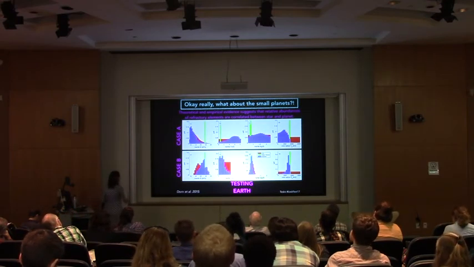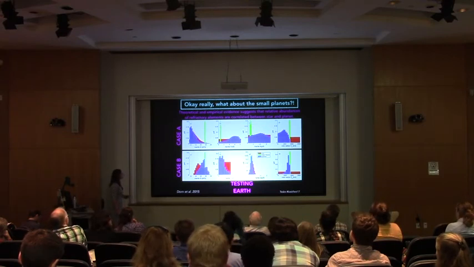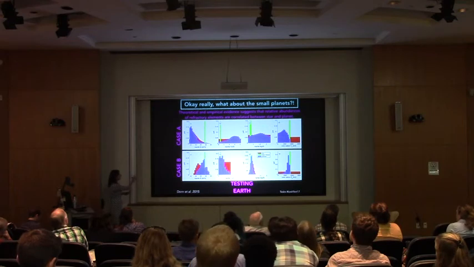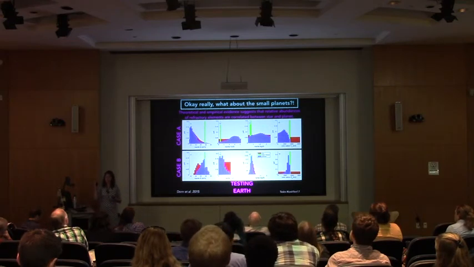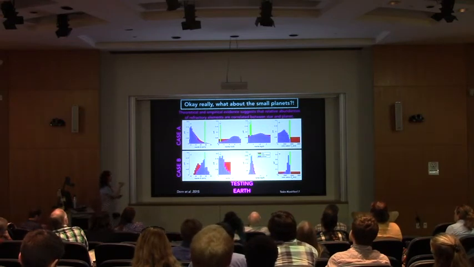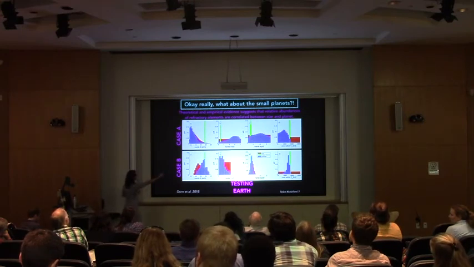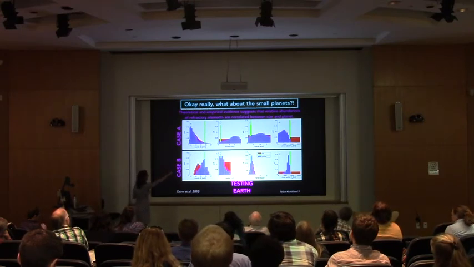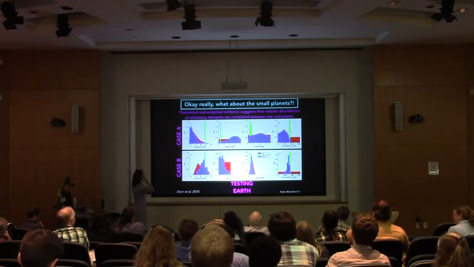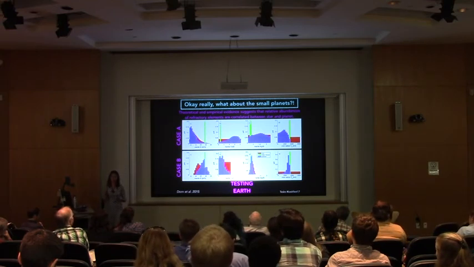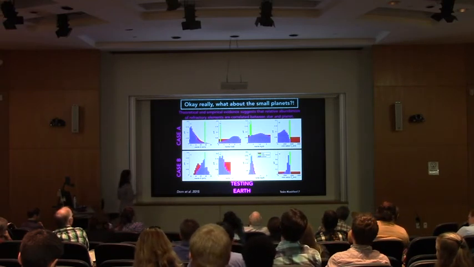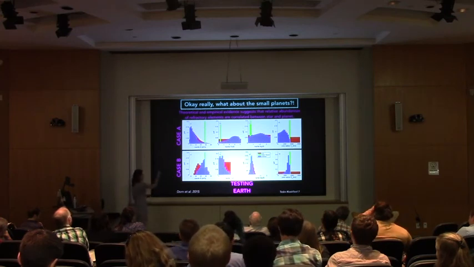One of my favorites is by Caroline Dorn a couple of years ago, where she, in this case, is just testing this type of modeling on the Earth. In case A, and it's sort of hard to tell with this color scheme, the red is the prior that she's using. The green is the known measurement, like this is Earth. We know what, for instance, the mantle weight percent is in silicon, and the mantle magnesium silicon ratio, at least much better than we do on other planets.